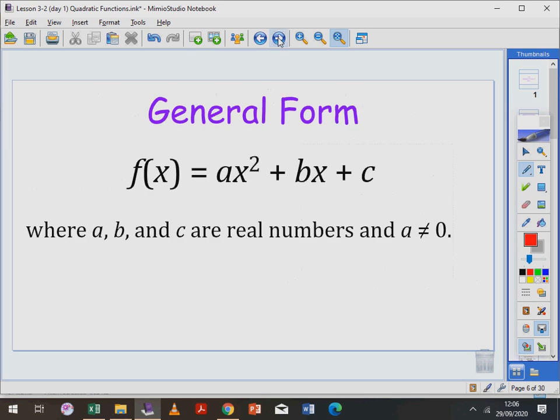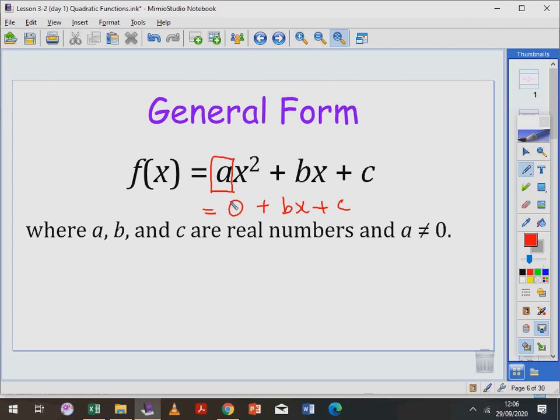So the general form of a parabola or of a quadratic expression is f(x) = ax squared plus bx plus c, where a, b, and c are all real numbers and a is not equal to 0. Because if a is equal to 0, then this becomes a linear expression, which is bx plus c, and it's no longer a quadratic expression or a parabola.